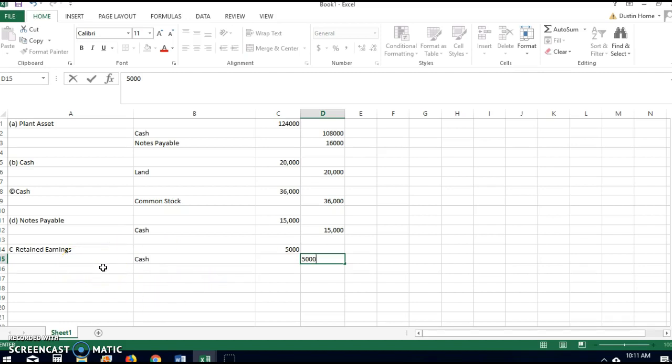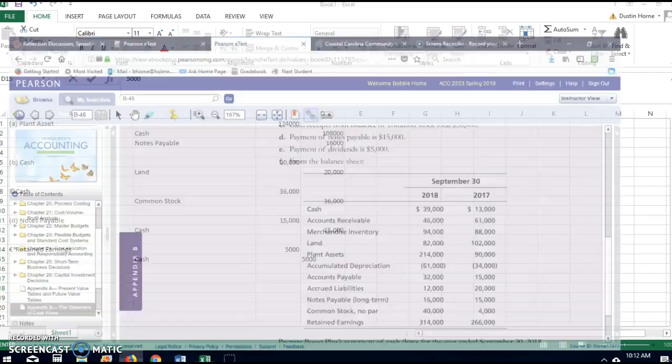So if we have enough money left over, we can pay our stockholders.